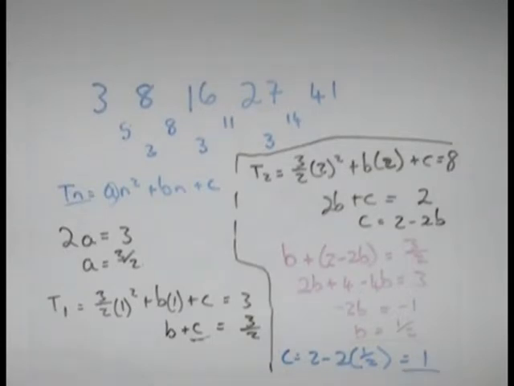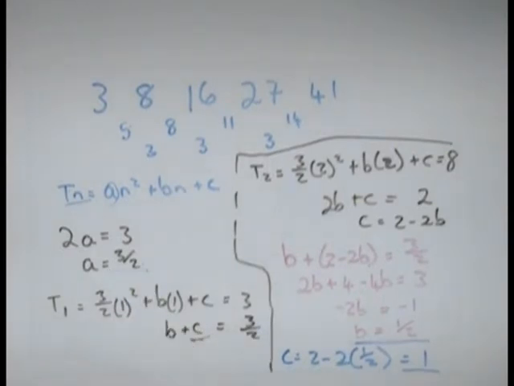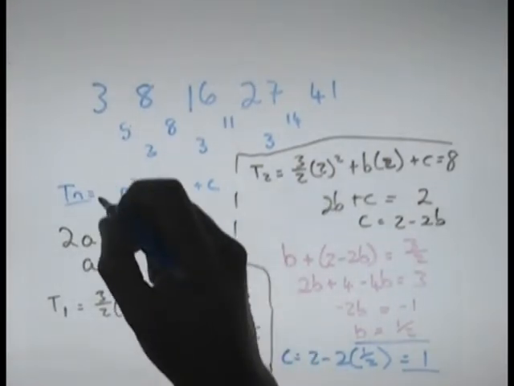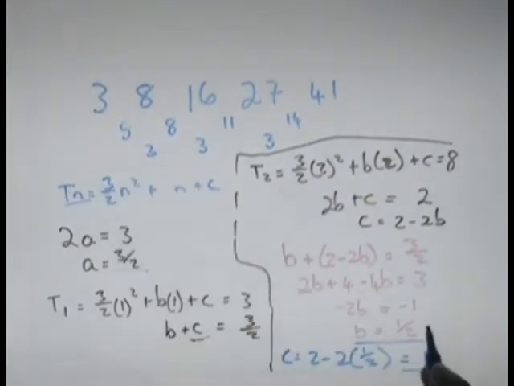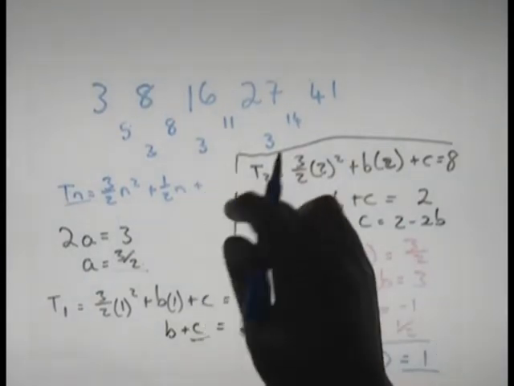That means our c value is 1, our b value is 1 over 2, and our a value is 3 over 2. That means that Tn is the same as 3 over 2 n squared plus a half n plus c, which is plus 1.